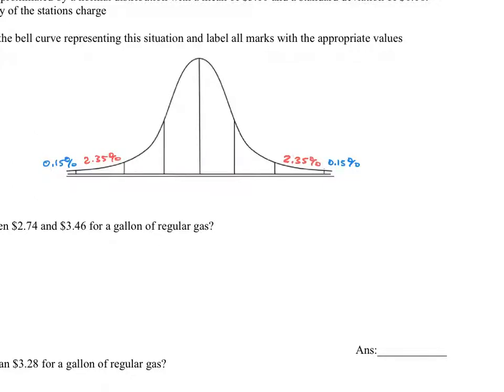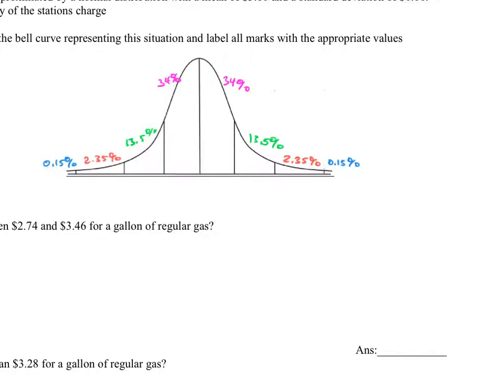The next section is 13.5%. On both sides, remember it's symmetric. And the middle sections, the most represented, are 34% of the data. That is always the same. That's what should be on your note card.